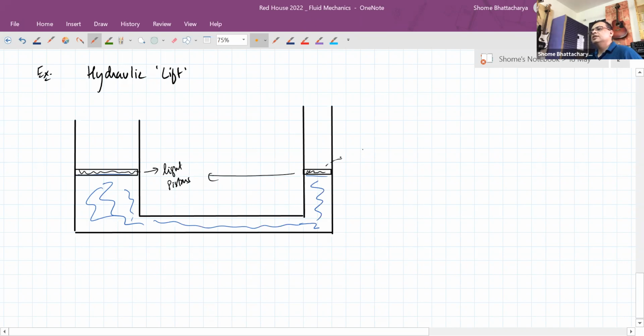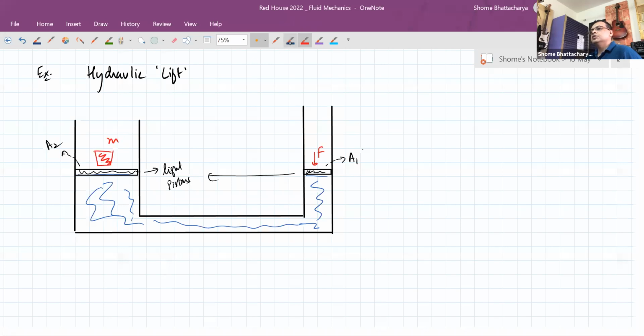This one has an area of A1 and this one has an area of A2. Now, if we apply some force over here, it could be used to balance the weight of a heavy object.